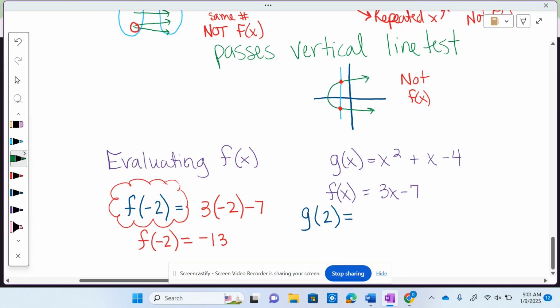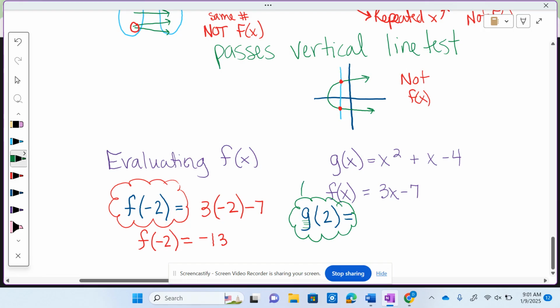G of 2, what would I do for that one? Someone other than Ariana. So 3 times 2 minus 7? What is the name of this function?